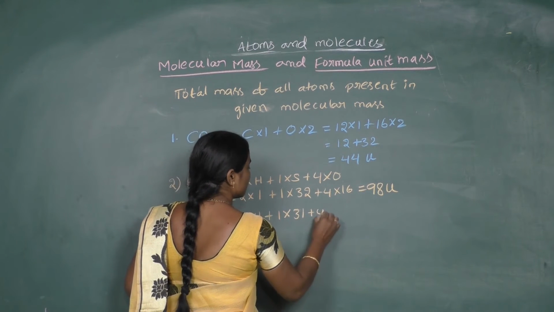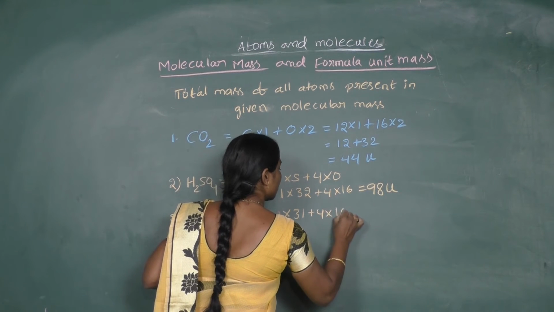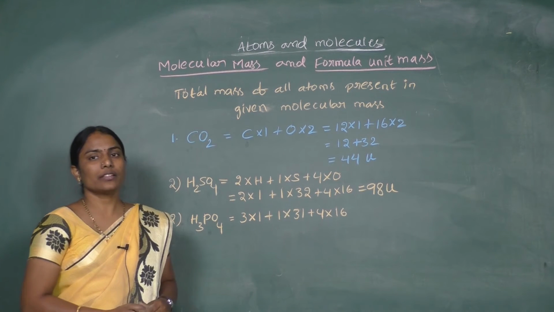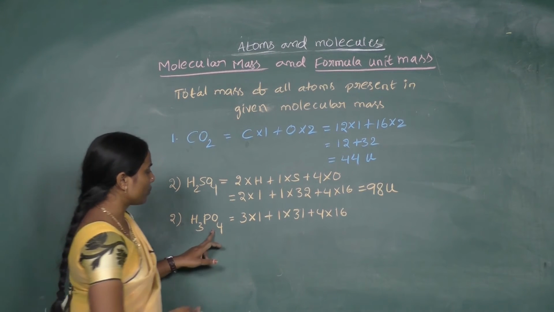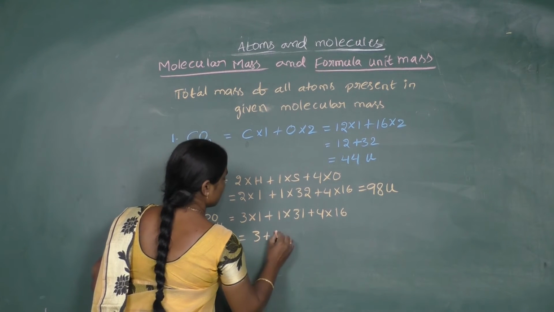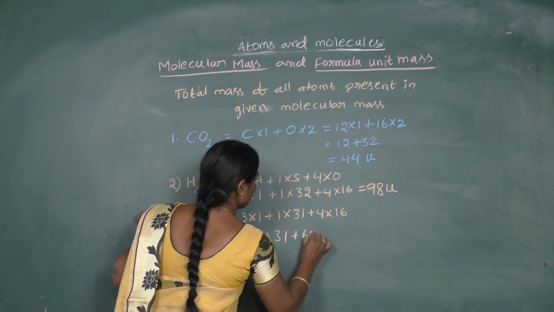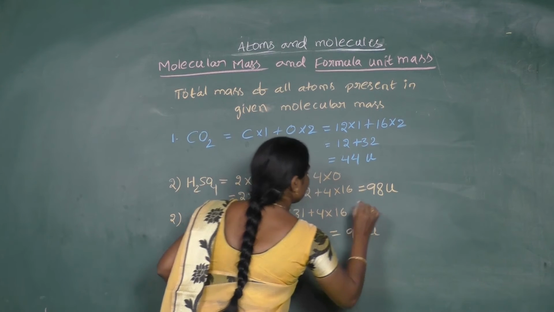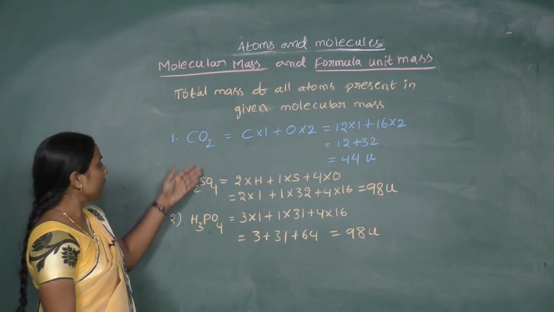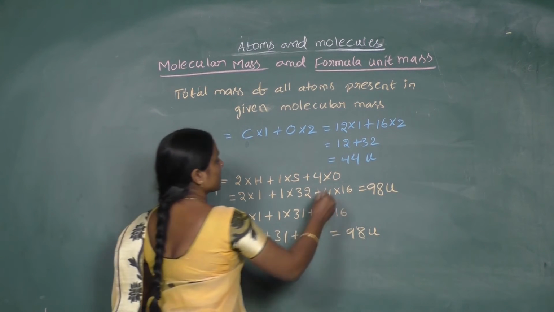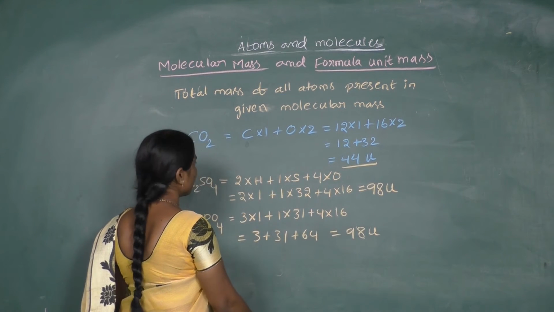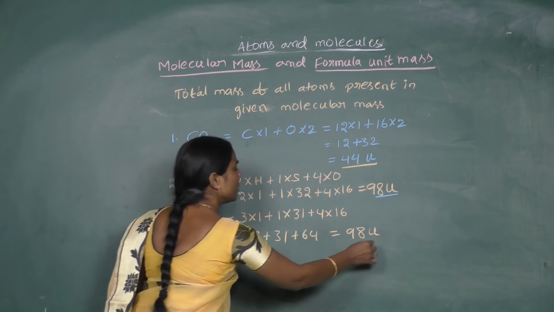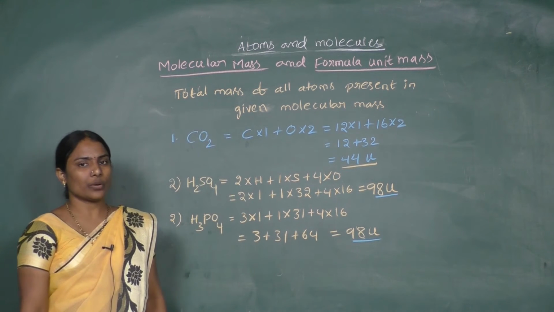Similarly, 4 atoms of oxygen make 64. So what is the molecular mass of H3PO4? It is 3 plus 31 plus 64, again making 98 u. These are what we call molecular masses. 44 u is the molecular mass of carbon dioxide, 98 u is the molecular mass of sulfuric acid, and the same number is the molecular mass of phosphoric acid.